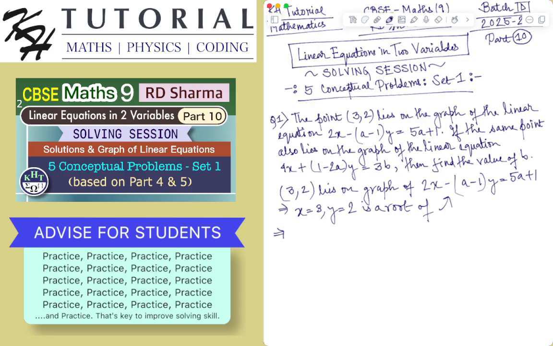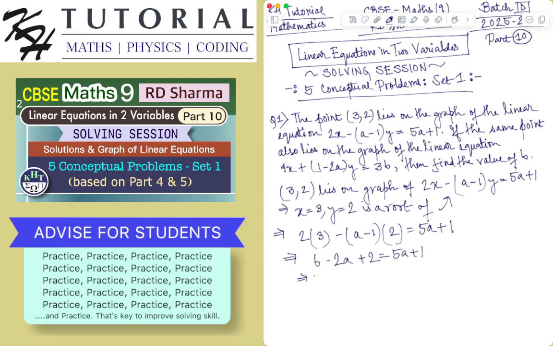So we must have 2 multiplied by 3 minus (a minus 1) multiplied by 2 is equal to 5a plus 1. Clearly we get a linear equation in a, and we can easily solve for a from this equation. So we have 6 minus 2a plus 2 is equal to 5a plus 1.